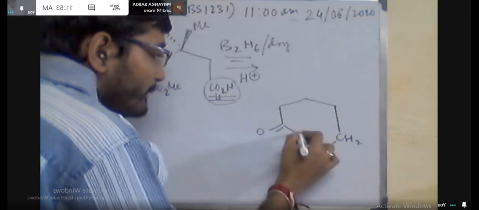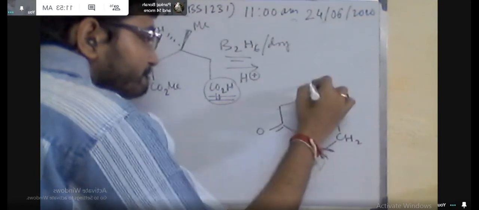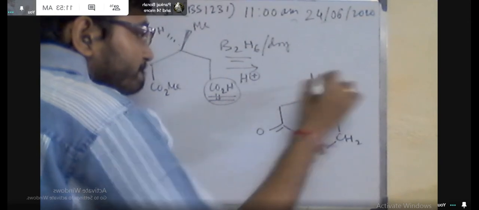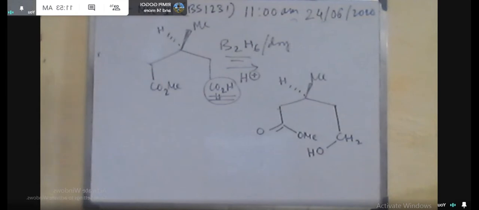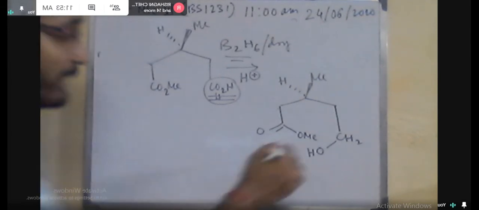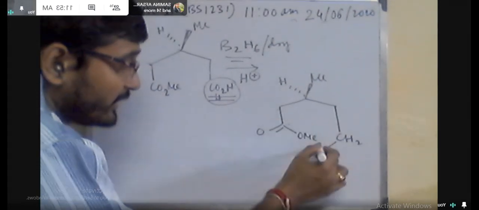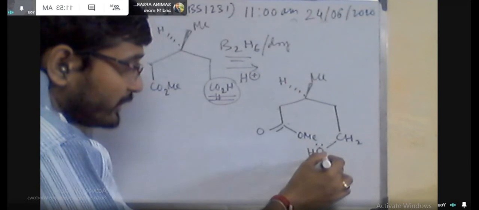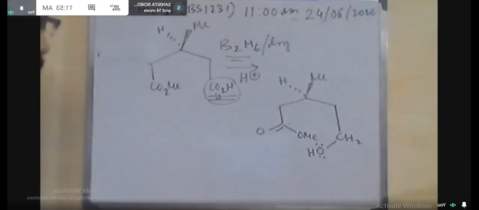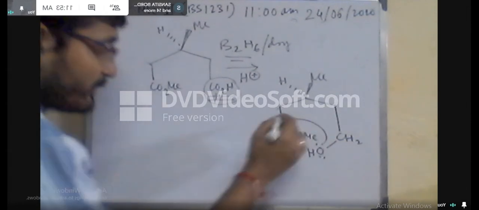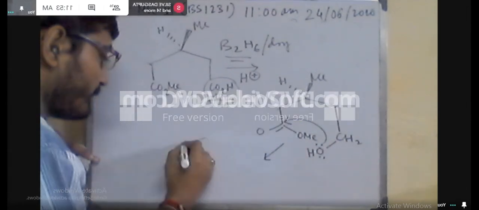And if you want to form the R isomer, in that case, to form the R isomer, now you have to reduce this other functional group.